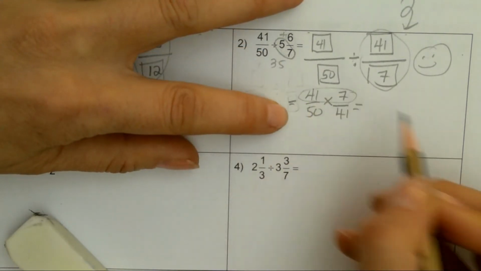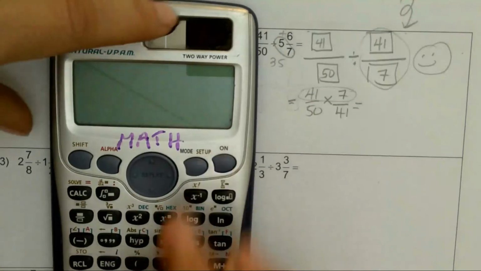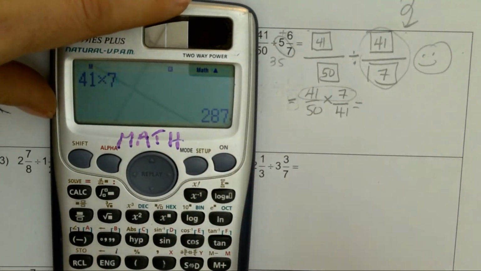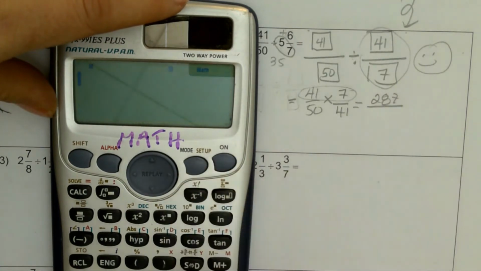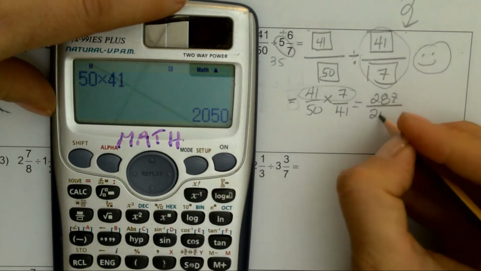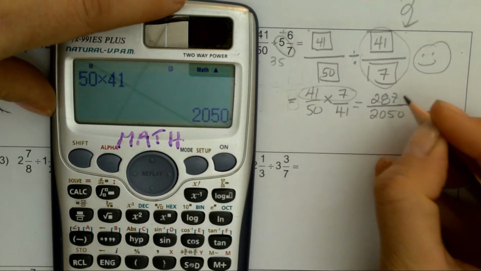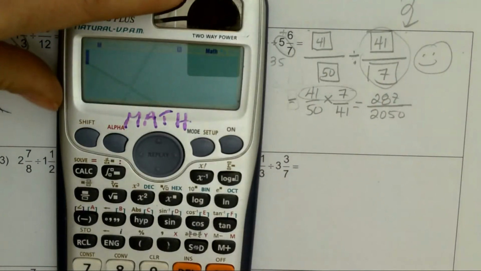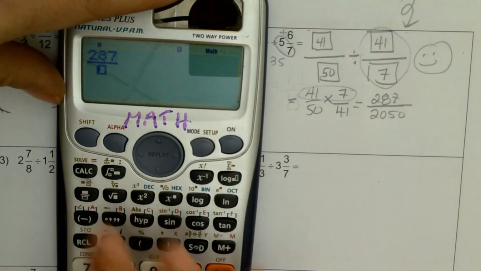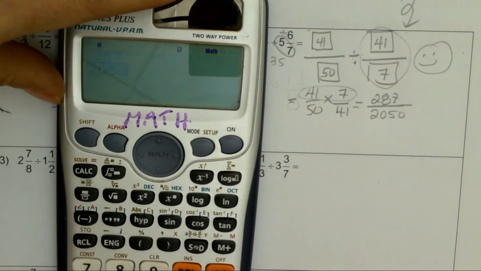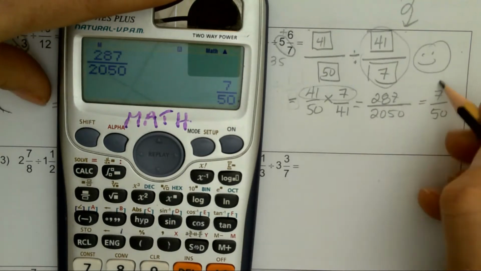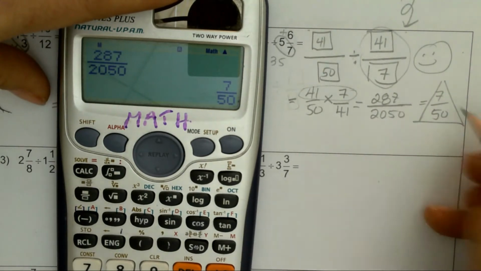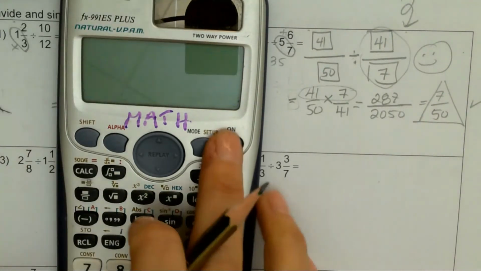Multiply is easy. 41 times 7, 287 over, and then 50 times 41, 2050. Well, those are big numbers. Can we make it smaller? Probably. Yep. And then I check, is it proper? Yes. So we're done.